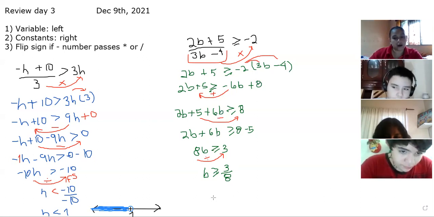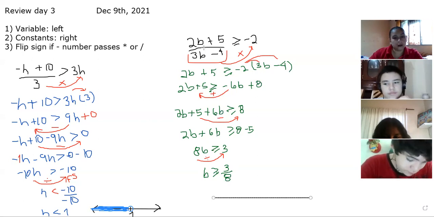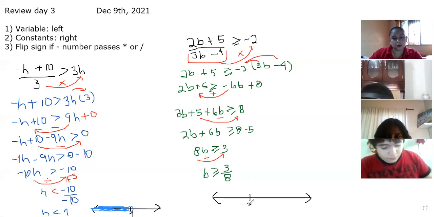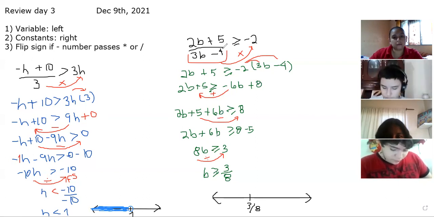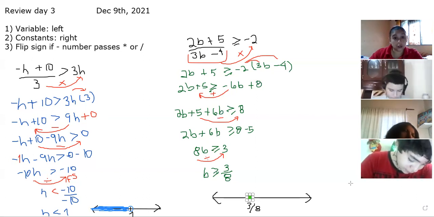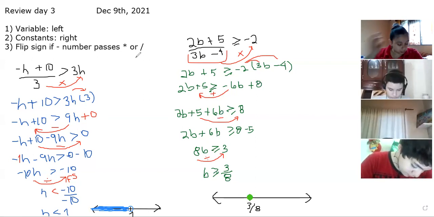Graph. So I'm gonna graph. I draw my number line, I draw my arrowheads, and use the ruler to draw my number line. You pick wherever you want the 3/8 to go. So 3/8, is it open or closed? Closed, right? So we place a closed painted circle. Should it go to the right or to the left? To the right.